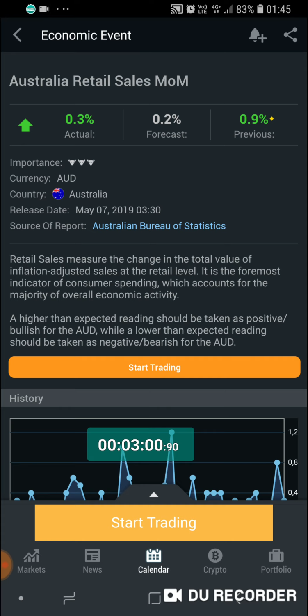Retail sales measure the change in total value of inflation adjusted sales at the retail level. It is the foremost indicator of consumer spending, which accounts for the majority of overall economic activity. You understand?